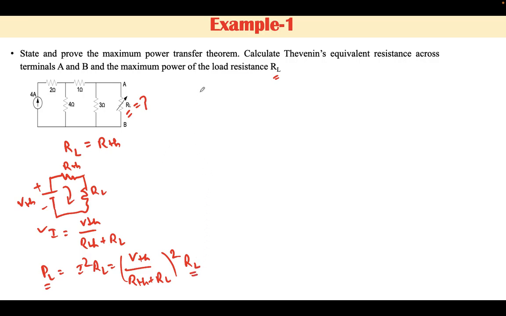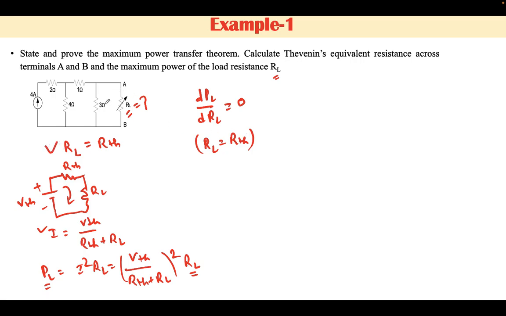If we differentiate this function with respect to RL and put its first derivative equal to 0, then finding the condition, it gives RL is equal to RTH. And that's the condition for the maximum power transfer theorem.